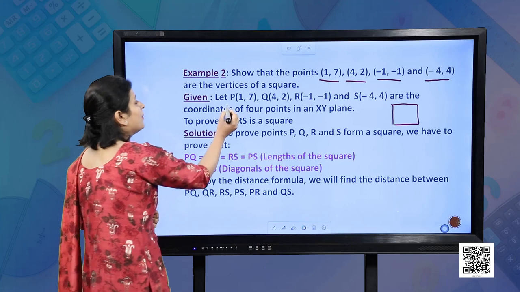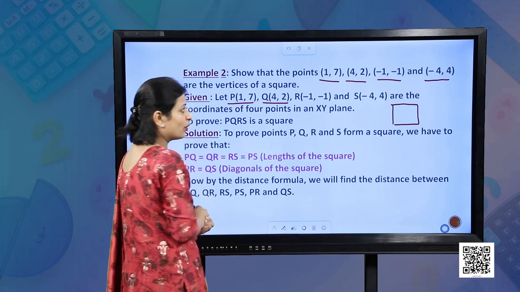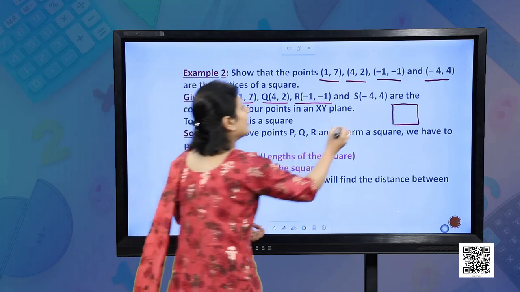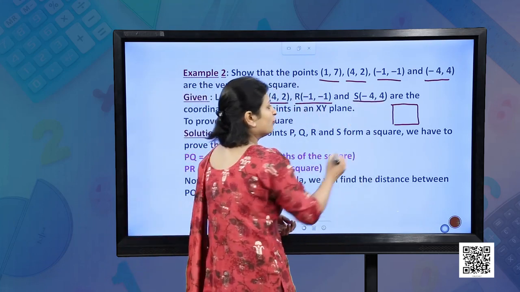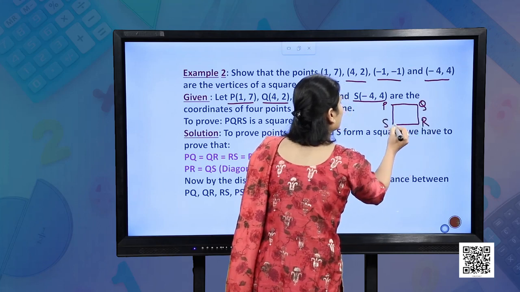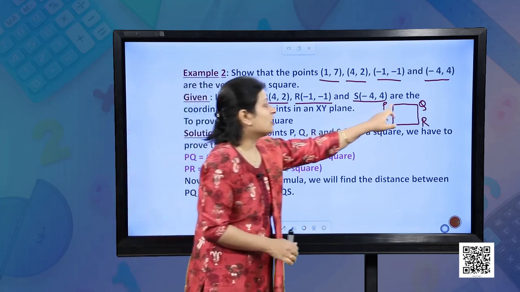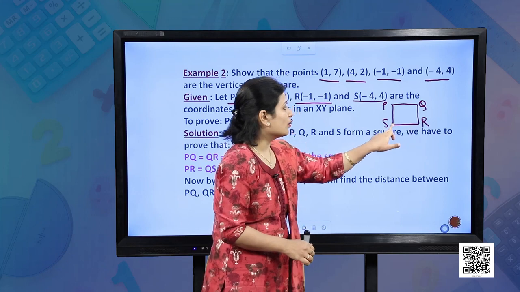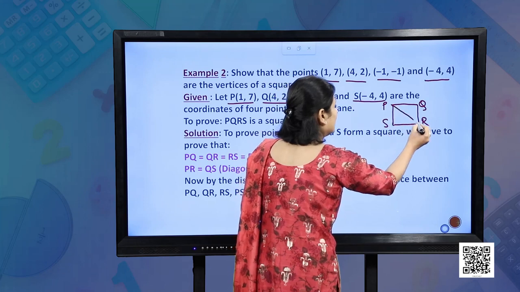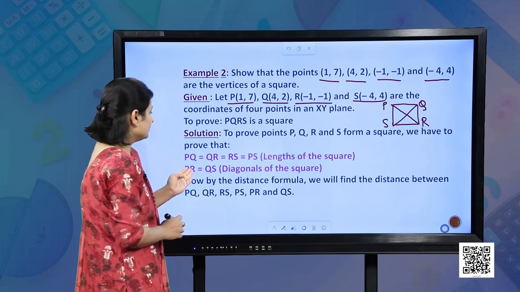So, let P be (1, 7), Q be (4, 2), R be (minus 1, minus 1) and S be (minus 4, 4). So, P, Q, R, S will form a square, or these are the vertices of a square, when PQ is equal to QR is equal to RS is equal to SP and the diagonals PR and QS are equal.